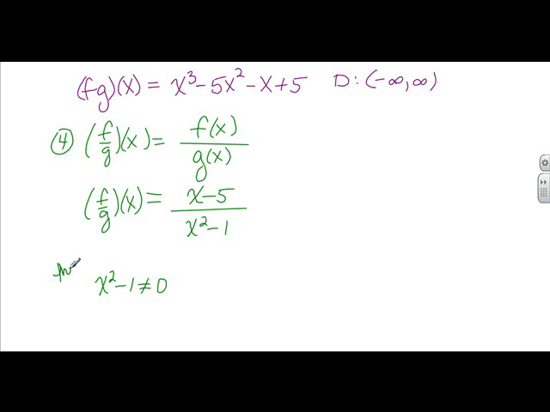The values of x that are going to make that true are negative 1 and positive 1. So the domain would include anything except those two numbers. So negative infinity to negative 1, union, negative 1 to positive 1, union 1 to infinity.